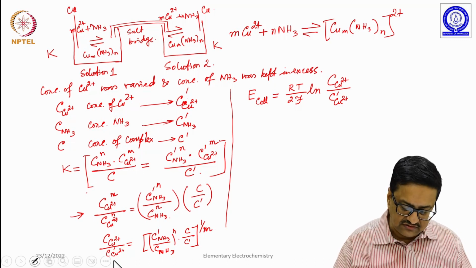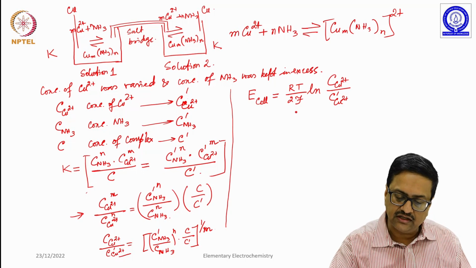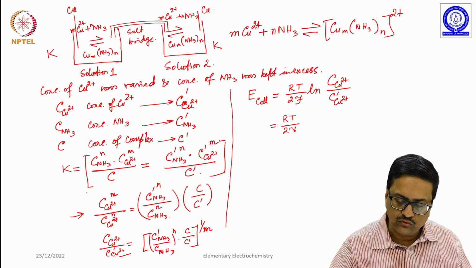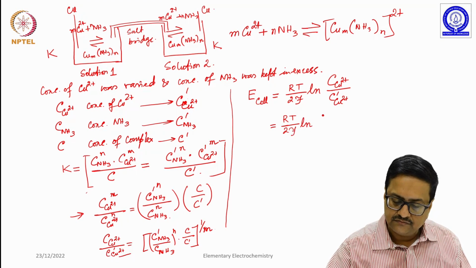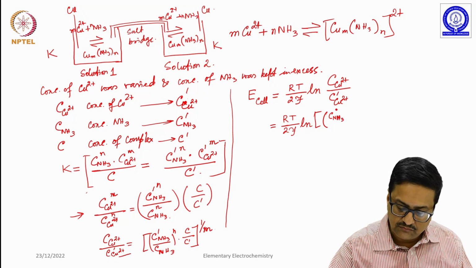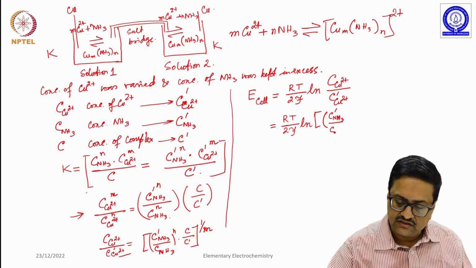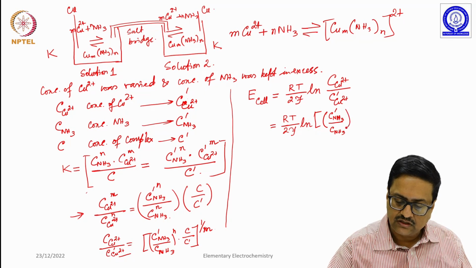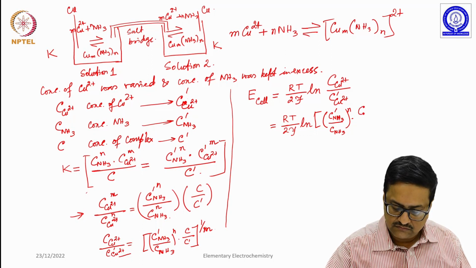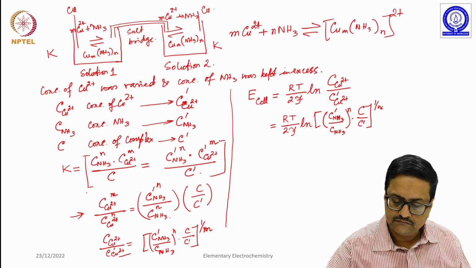So, when we replace this value here, what we get is RT by 2F ln concentration of NH3 prime divided by concentration of NH3 whole to the power n into C by C prime to the power 1 by m.